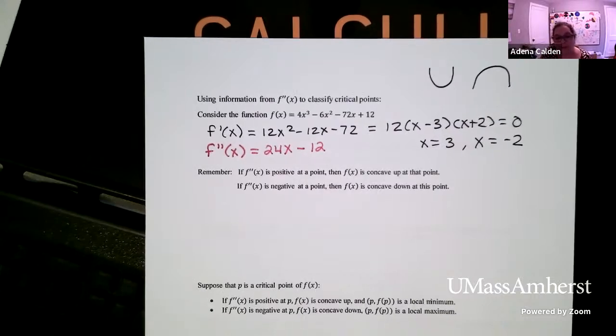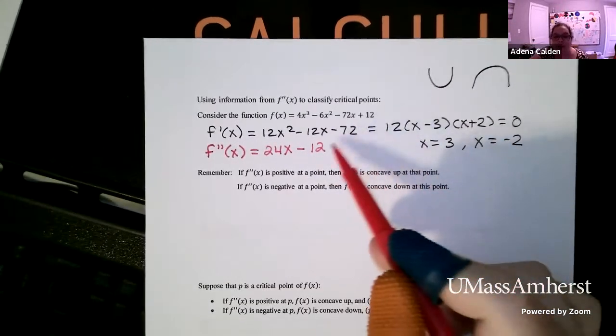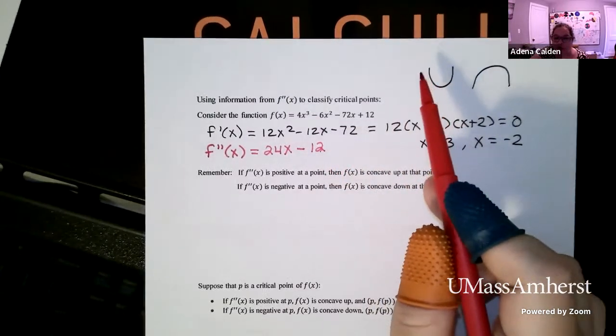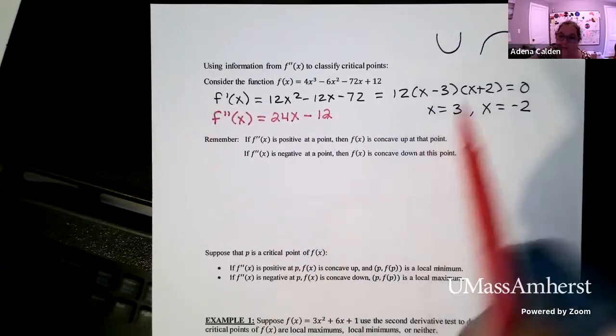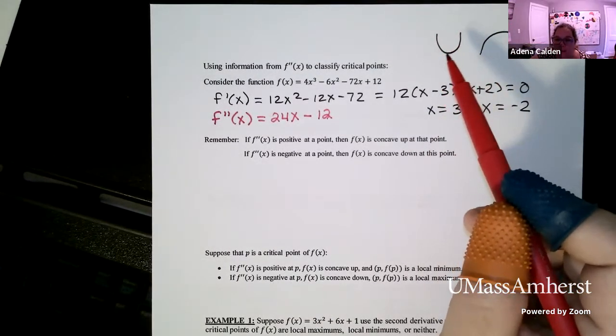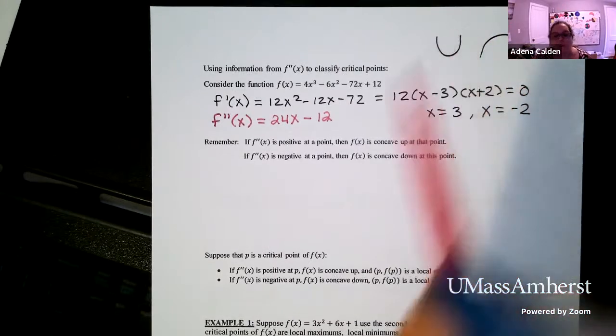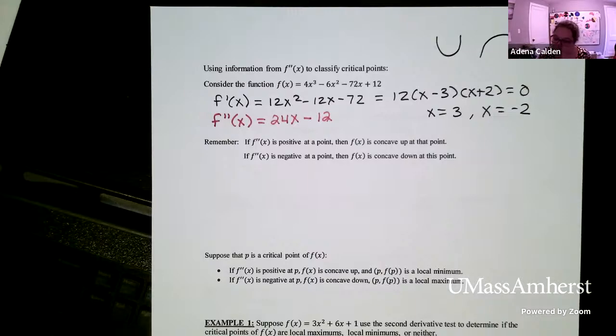So what we want to do is plug our critical points into the second derivative to determine the shape of the graph. Because if we know the shape of the graph, we will know if the critical point is a minimum or a maximum based on the concavity. So what does that look like?